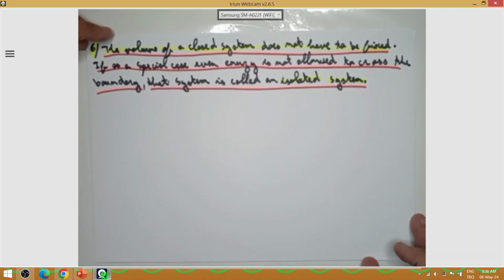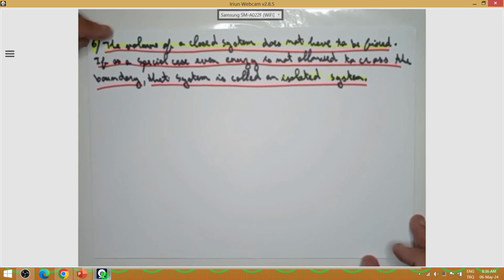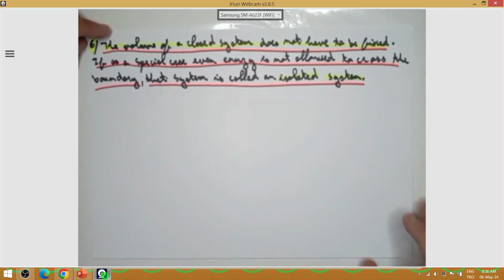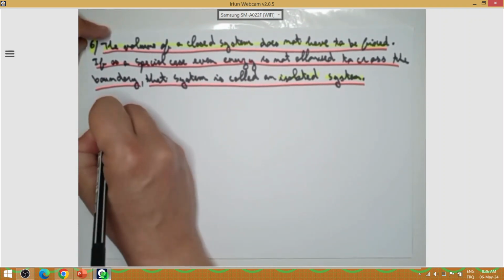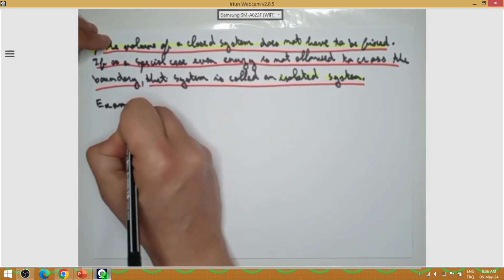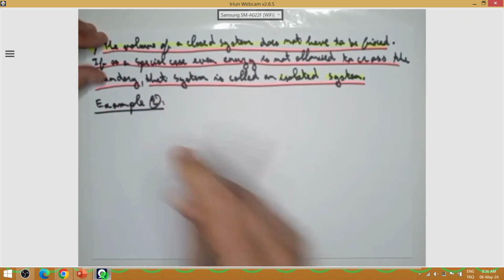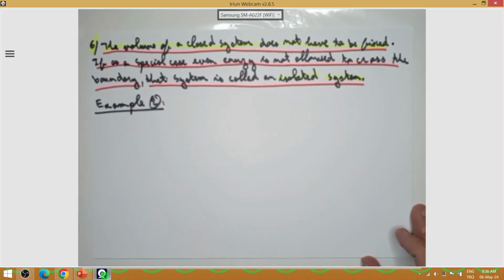So let's see example 2. In example 2, let's suppose that we have a cylinder and a piston.